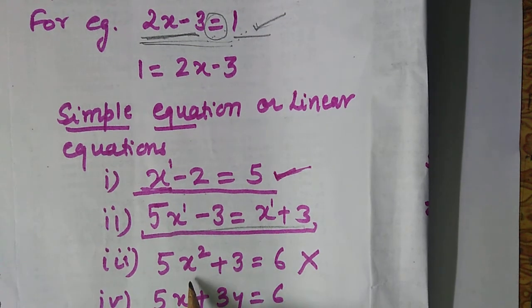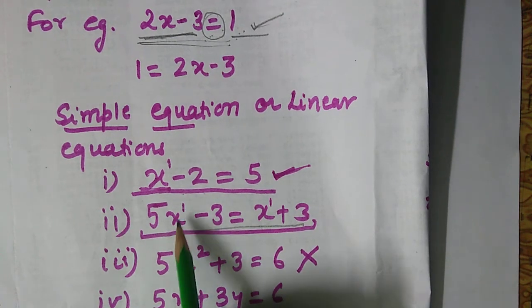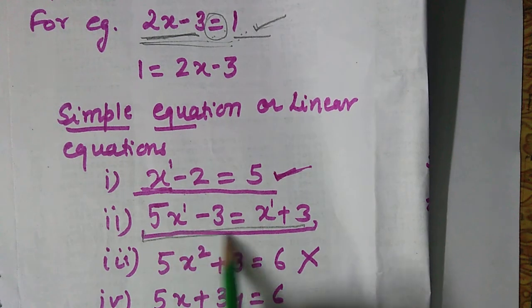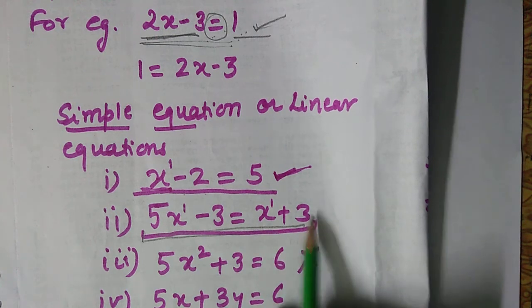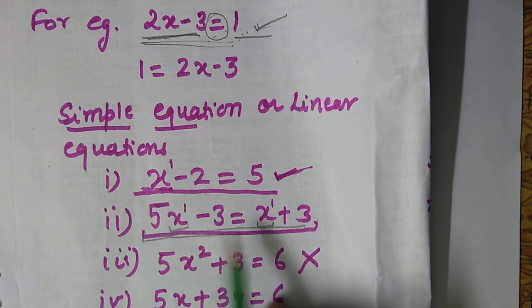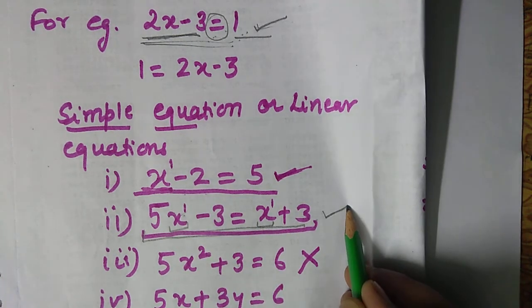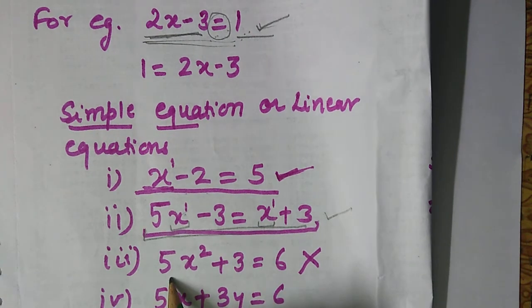Okay, and in a simple equation, you can say the highest power of the variable must be 1. In this equation, the variable is x and the highest power of this x is 1. So this is a simple equation. Now take this example.